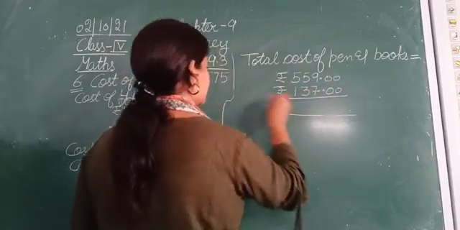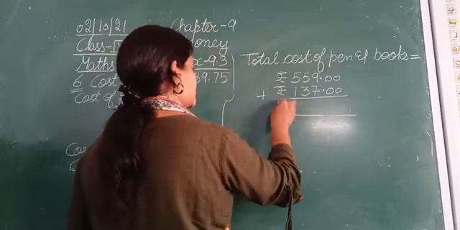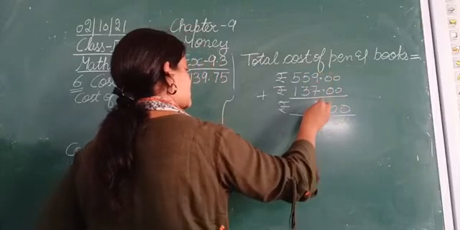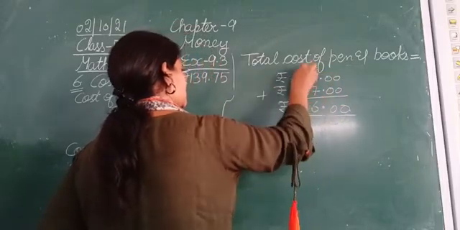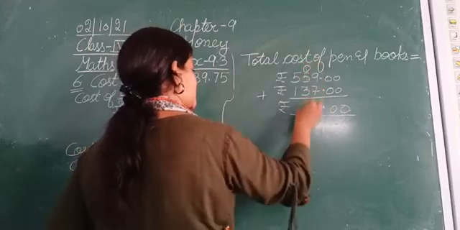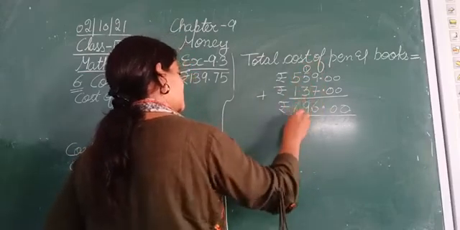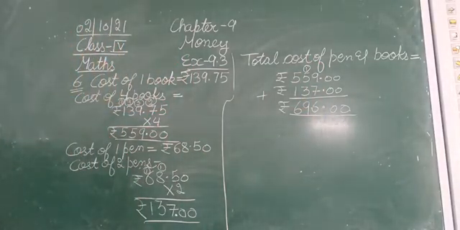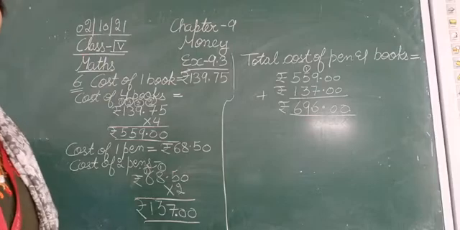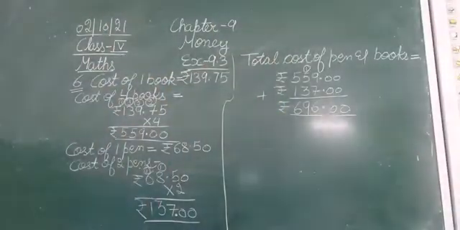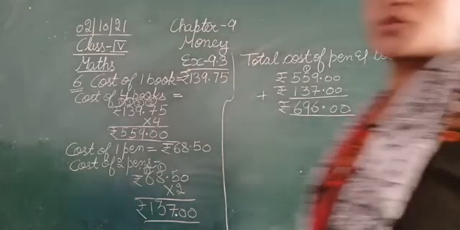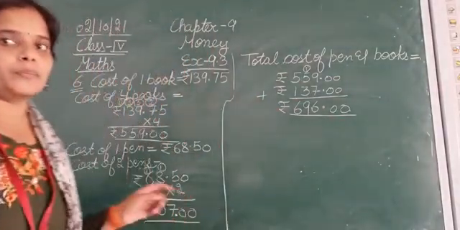Now add them. 9 plus 7, 16. 5 plus 3, 8 plus 1, 9, and 5 plus 1, 6. So the cost of all the items is 696 rupees. I hope the board is visible now clearly.